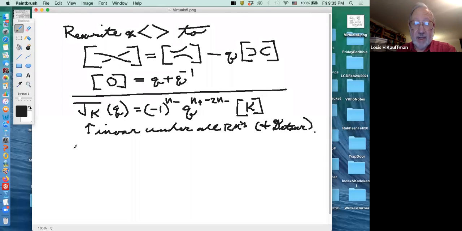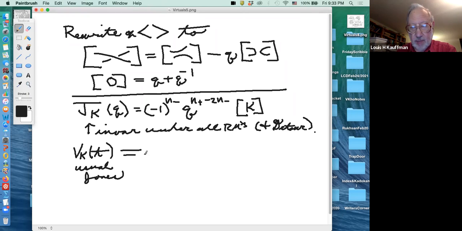And in fact, the Jones polynomial in t, its usual variable, the usual Jones, is equal to J_K at q equal to the square root of t.